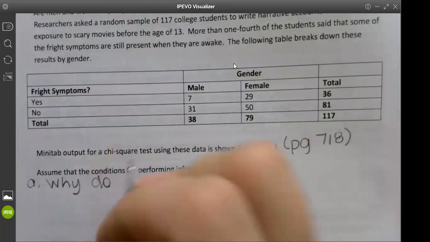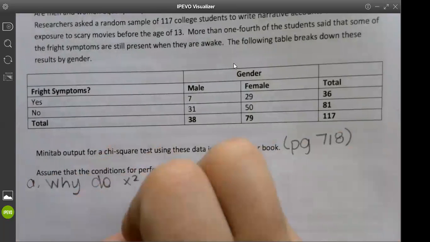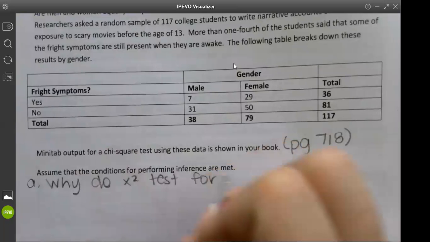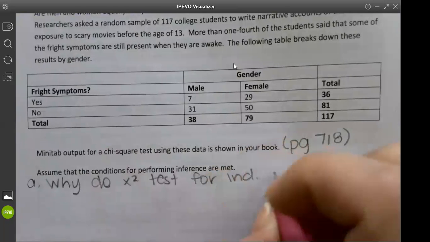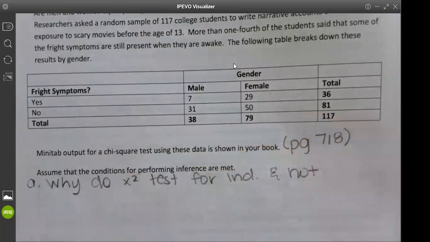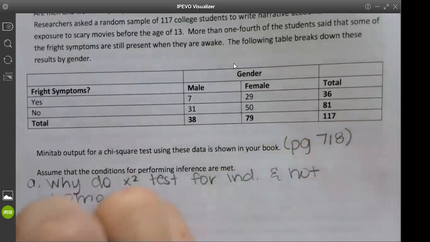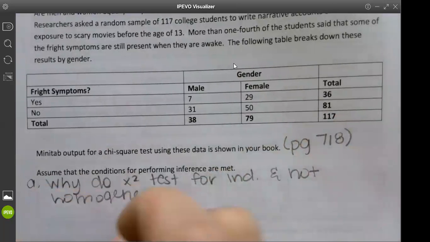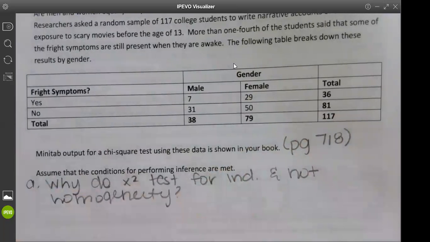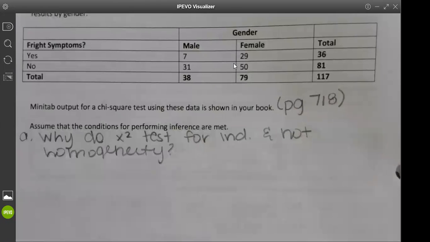Why are we going to do a chi-square test for independence and not homogeneity? Why?